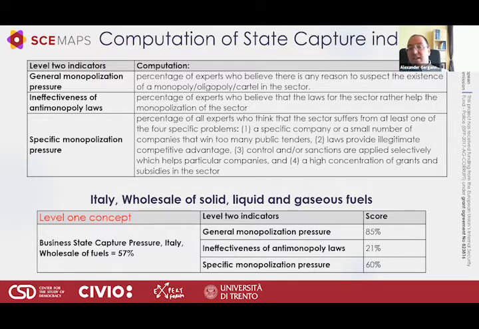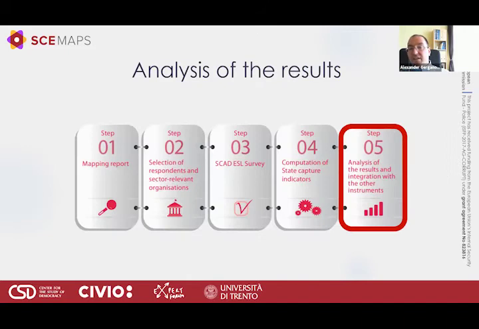And these level 2 numbers are then crunched into the business state capture pressure score for the whole sector for Italy, and it is a weighted average with specific monopolization pressure having the same weight as the other 2 level 2 indicators, because we think that it is the most important from a theoretical perspective. And once we have computed these numbers, we can move to the analysis.